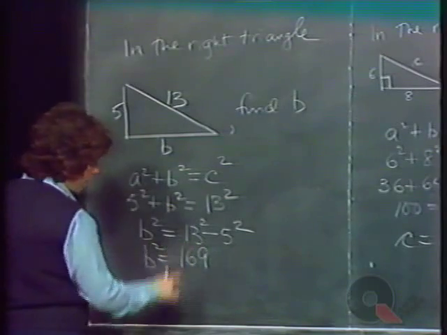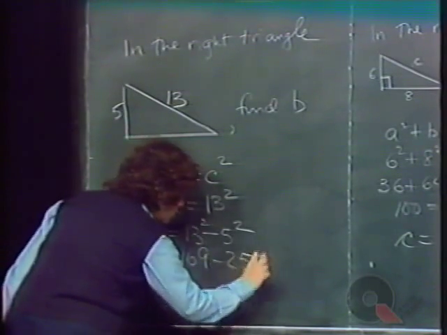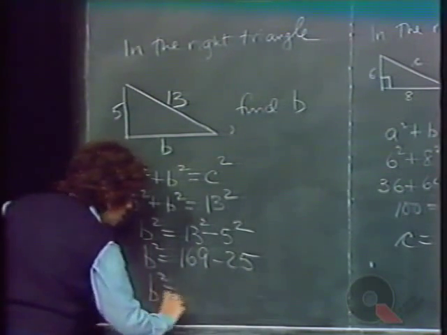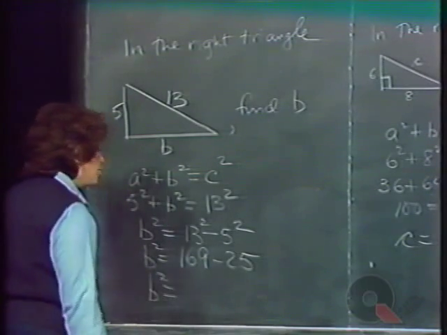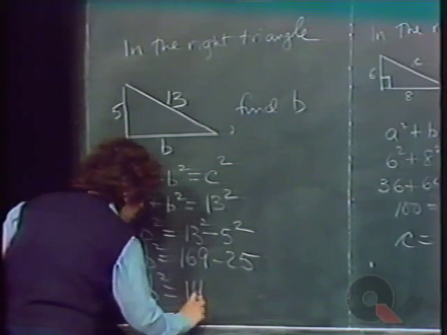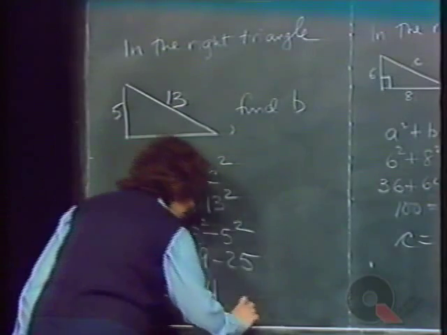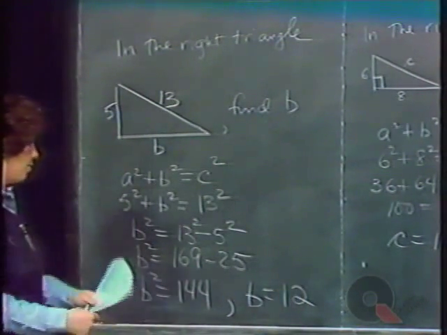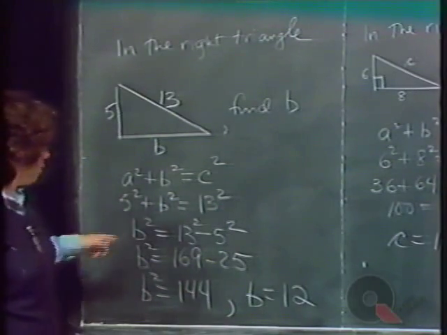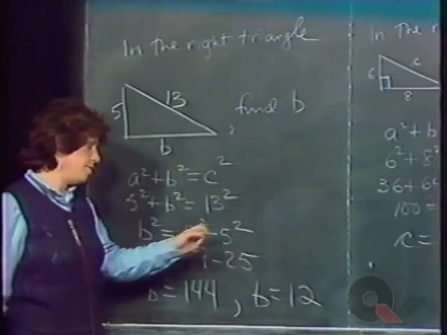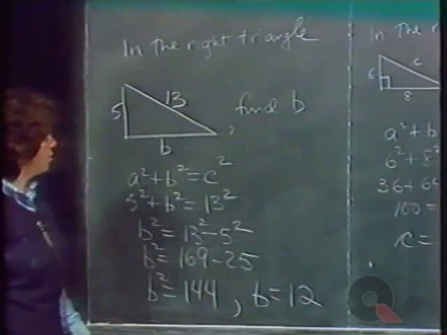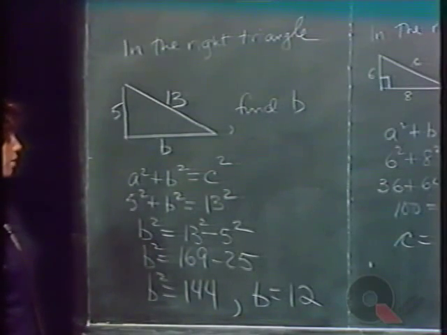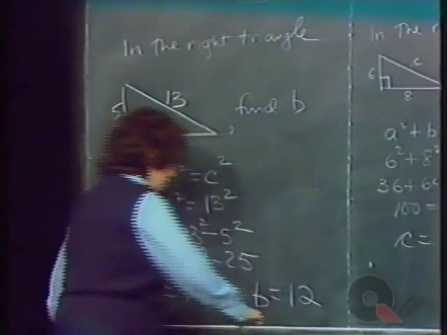Multiply 13 by itself and you'll get 169 minus 25. B squared is 169 minus 25 is 144, from which we see that B is equal to 12, since 12 times 12 is 144. So if you had just taken 13 minus 5 or 8, you would have had the wrong answer. In this case, B is equal to 12.